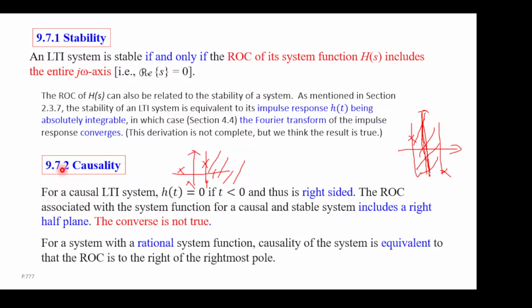For causality, if you are causal, then your ROC is right-sided. But if your ROC is right-sided, we will see in a counterexample that it might still not be causal. But if we add one more condition, that we know it's a rational system function, then right-sided if and only if it's causal. So that's very nice. And question?